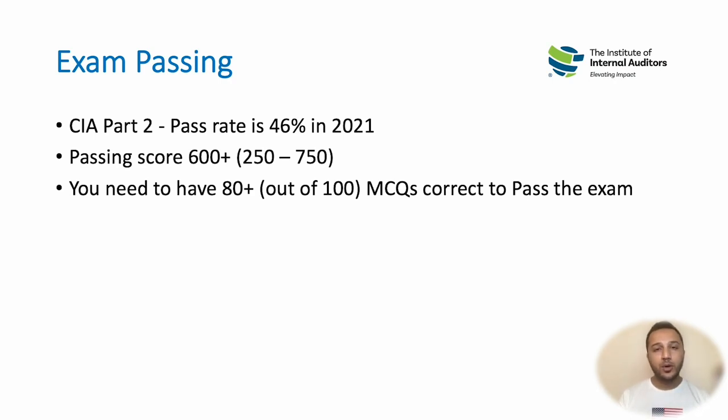But without going into more technical details, just to make a rough estimate, if you are able to answer 80 MCQs correctly, then there is a higher chance that you will pass. So the percentage is high, you have to prepare, and you need to have a very good understanding of all the key concepts.